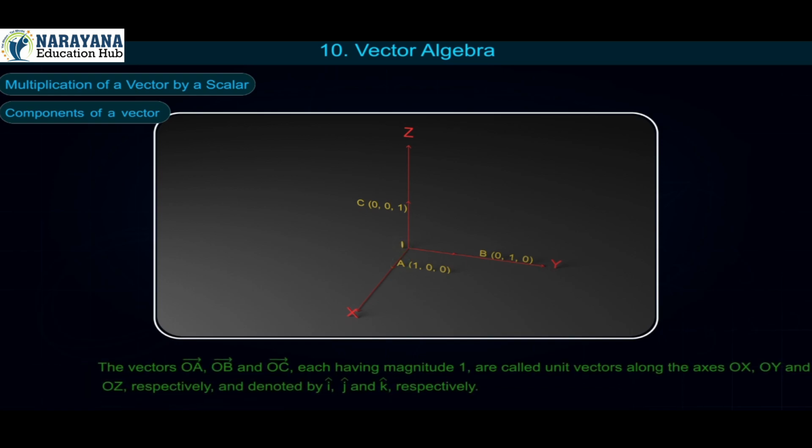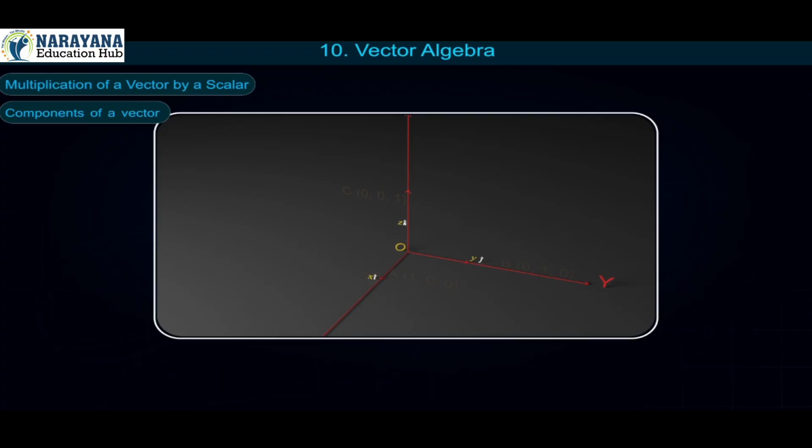The vectors OA, OB and OC, each having magnitude 1, are called unit vectors along the axes OX, OY and OZ respectively and denoted by i cap, j cap and k cap respectively.